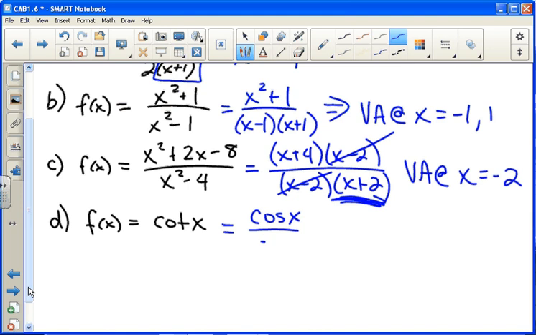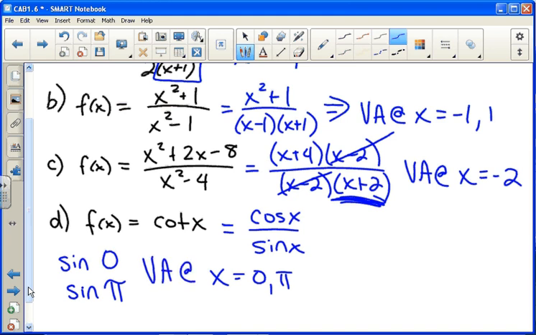Then if you know your unit circle, you should know that sine of x equals 0 when you plug in 0 or pi. So if x equals 0 or pi, the denominator equals 0. However, cosine of 0 is not 0, and cosine of pi is not 0. So these two fit the bill for vertical asymptotes because they do make the denominator 0, but they do not make the numerator 0.